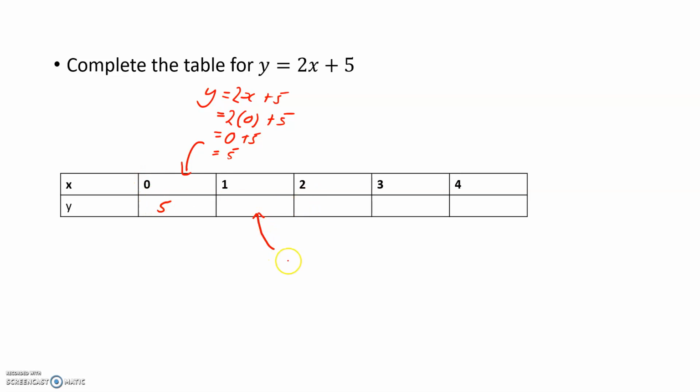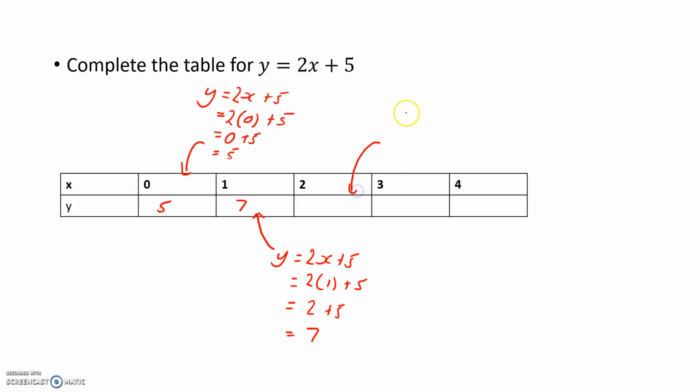For this box here, x is now 1. So y is still equal to 2x plus 5, which is what we got up the top. So it's 2, this times x is 1, plus 5, because we're told x is 1. 2 times 1 is 2, plus 5, and 2 plus 5 is 7. So that box will be 7.